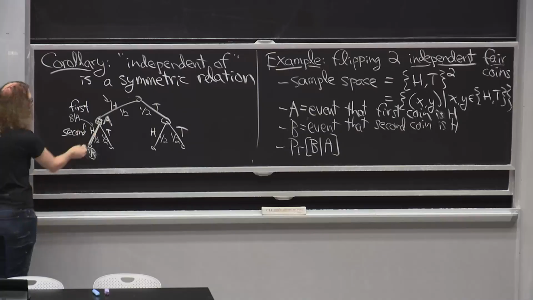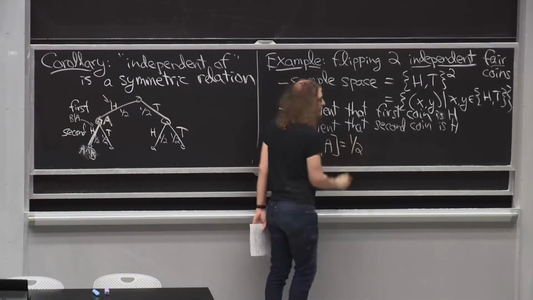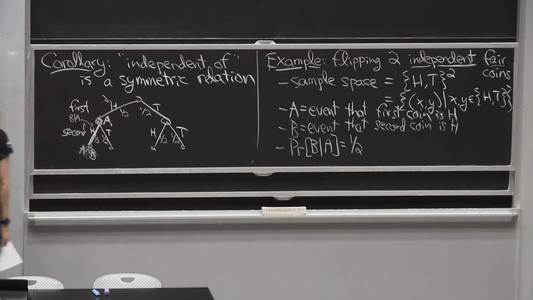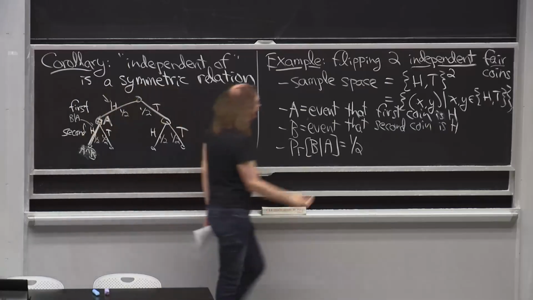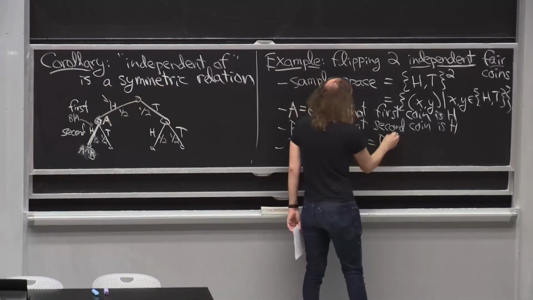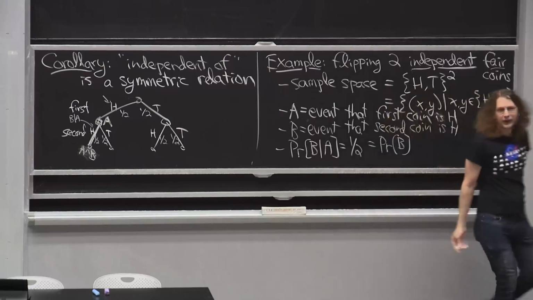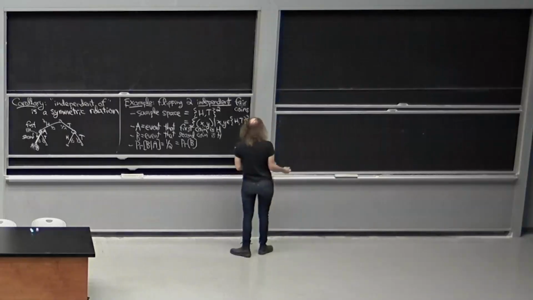OK, but however you slice it, probability of B given A is a half. That's what we defined. The probability of the second coin being a heads, given that the first one is also a heads, shouldn't matter, is a half. And on the other hand, the probability of second coin being heads by itself is a half. So yes, it's independent. Amazing. OK, not a very exciting example.